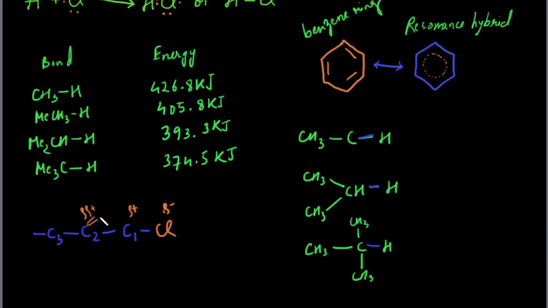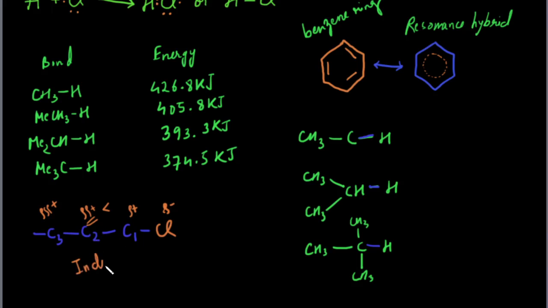So the del positive on C2 is less than the del positive on C1. Similarly, C3 acquires a positive charge, del positive, which will be smaller than on C2. This type of electron displacement along a chain is known as the inductive effect.